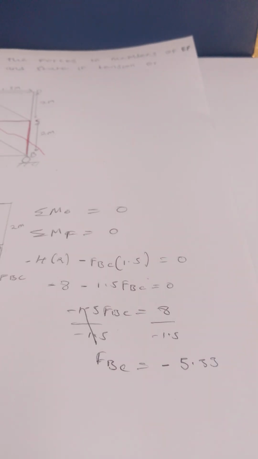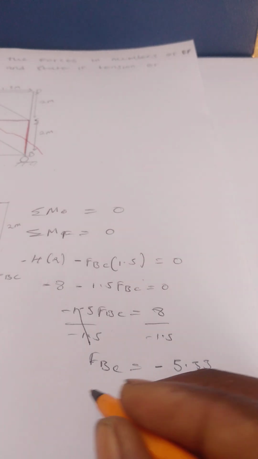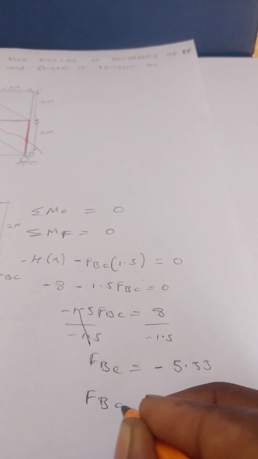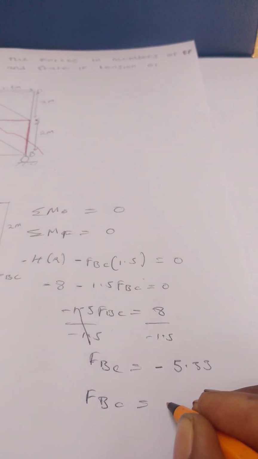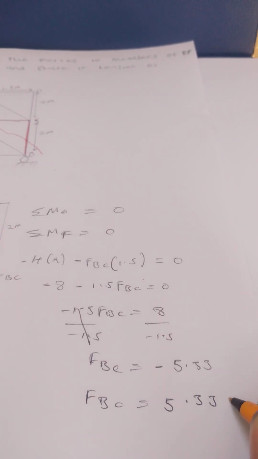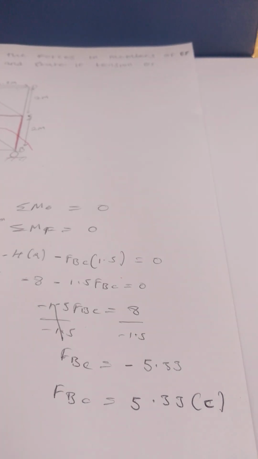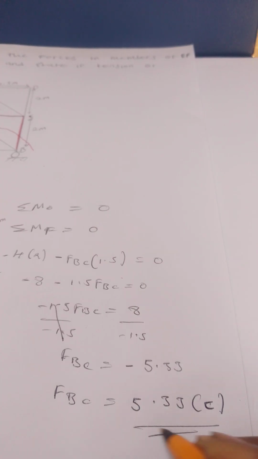Since it's negative, it just means that it's compression. Our assumption that this is tension is wrong. So our final answer should be a positive answer, which is 5.33, and we say it's compression, not tension. This is how we have to represent our final answer.